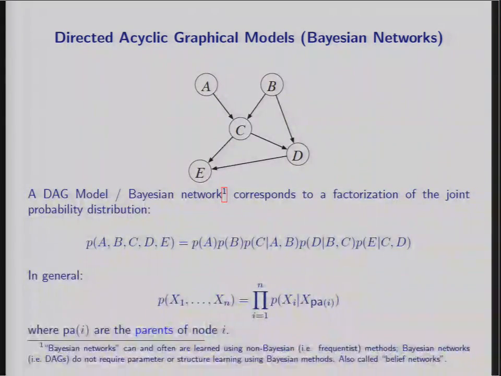So the parents of C are A and B, that's why this term appears here, and that's the general form of the factorization for a directed graphical model. Okay? And this factorization actually captures the conditional independence relationships between the variables.